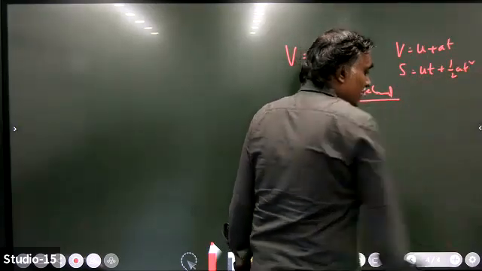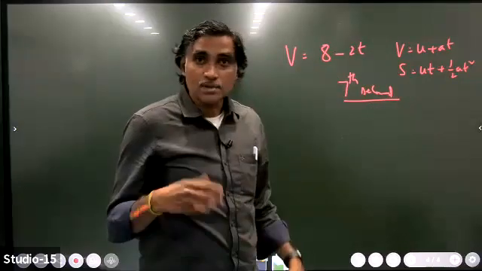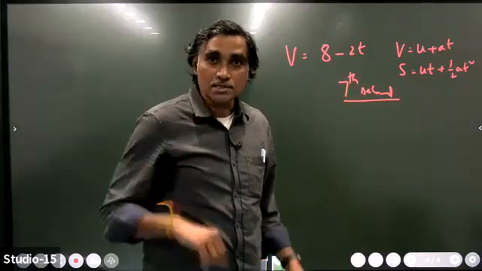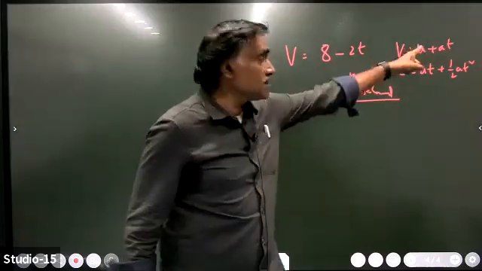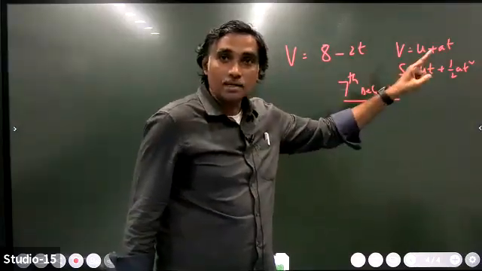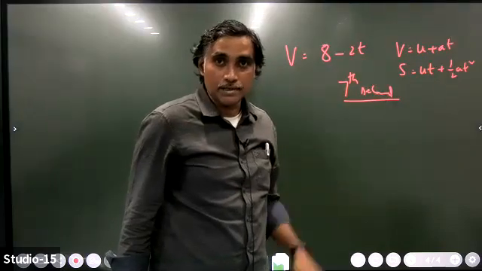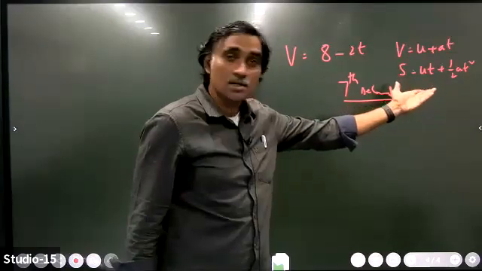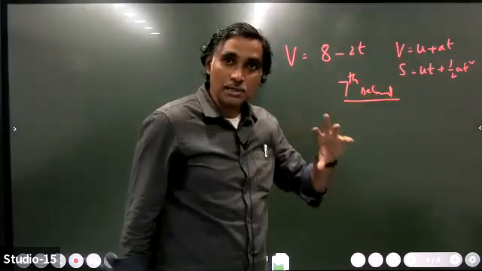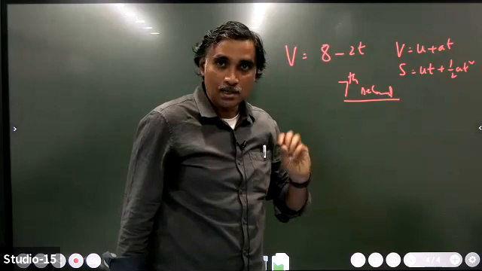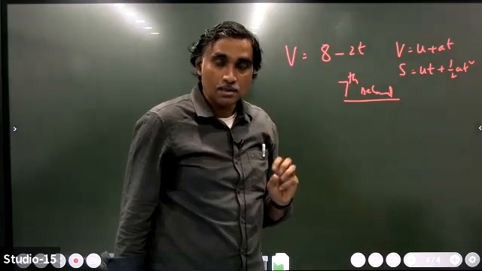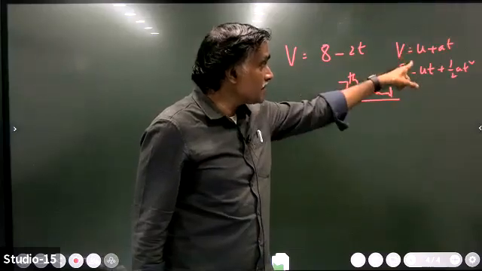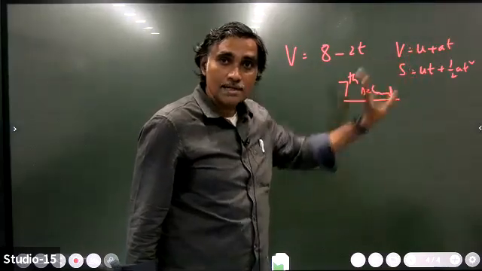So whenever they give velocity in terms of time or displacement in terms of time, and those equations are comparable to these equations, then we can conclude acceleration is constant.